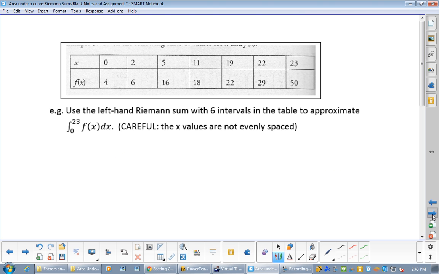Okay, now here's another table, but you've got to watch. This one's a little tricky. They do not give me nice even intervals. So if you look, we've got 2, and we've got 5, and then we've got 11, then we have 19, then we have 22, and then we have 23.